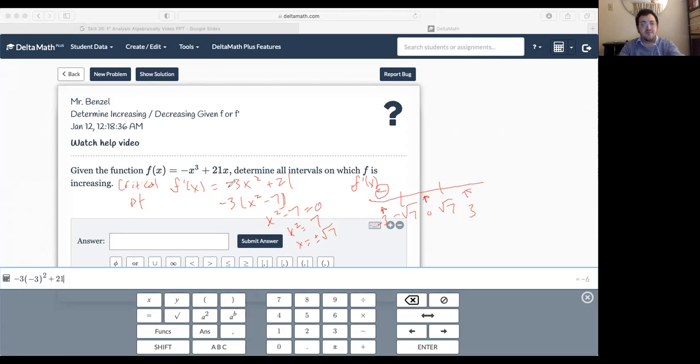And then it's asking us for when it's increasing now. So I'm going to try a number between -√7 and √7. I'm just going to try 0, and I get a positive number. And then maybe I could try 3 and I get a negative number. So it's negative, positive, negative.